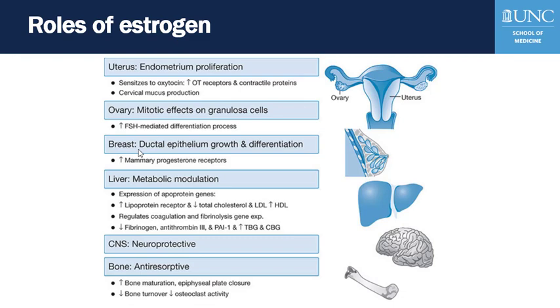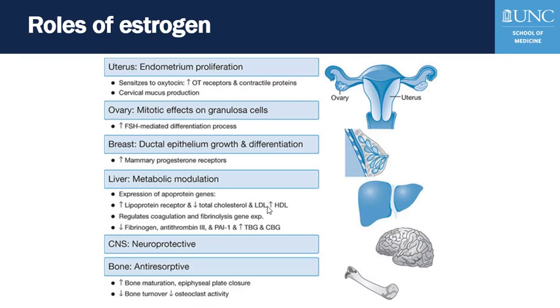And the growth-promoting effects of estrogen in the breast and the uterus have been implicated in breast and endometrial cancer. In the liver, estrogen is catabolized, and so it also acts on hepatocytes to increase lipoprotein receptor expression, resulting in a decrease in serum concentrations of total cholesterol, and increases in serum HDL cholesterol and triglyceride concentrations.